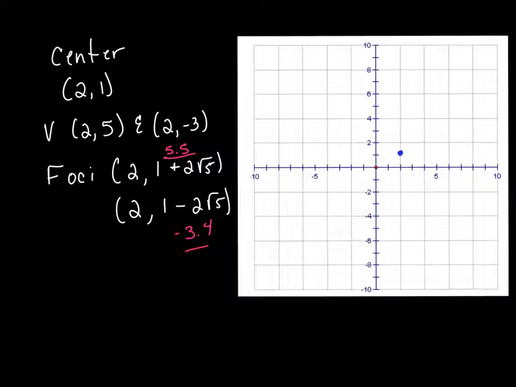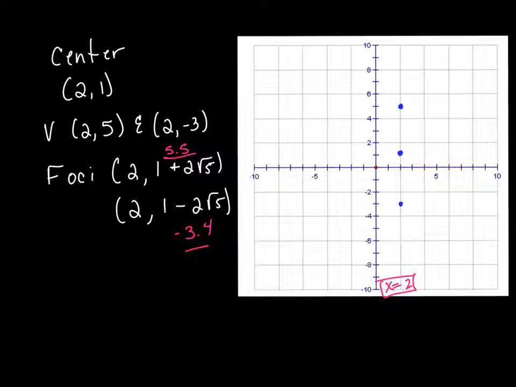The vertex is at 2, 5, and then again down below at 2, negative 3. Now, let's go ahead and plot those foci. The foci, again, are still along that same line, which is x is equal to 2. That's why all of those x values stay the same.